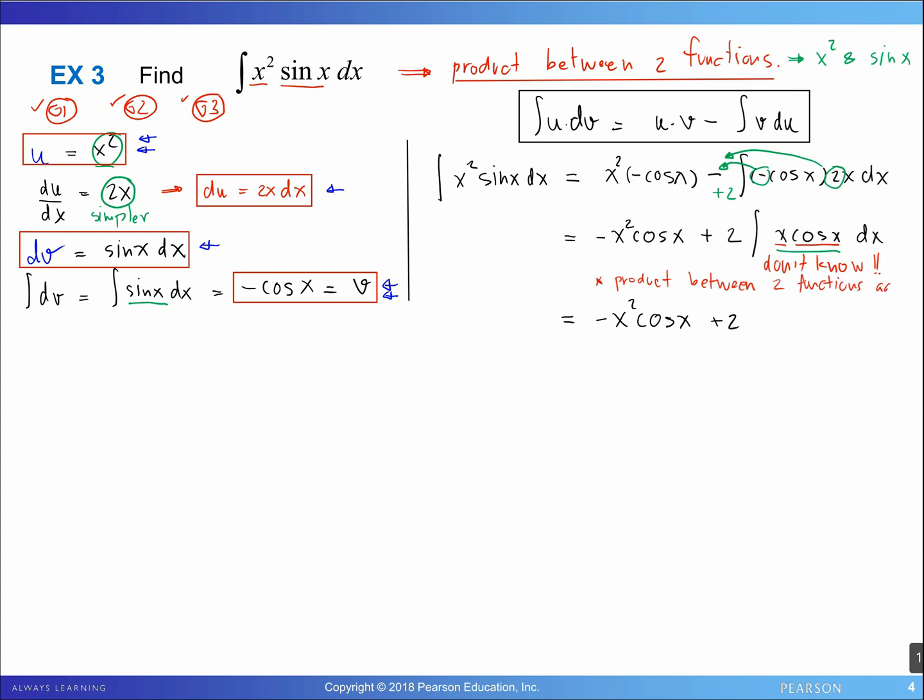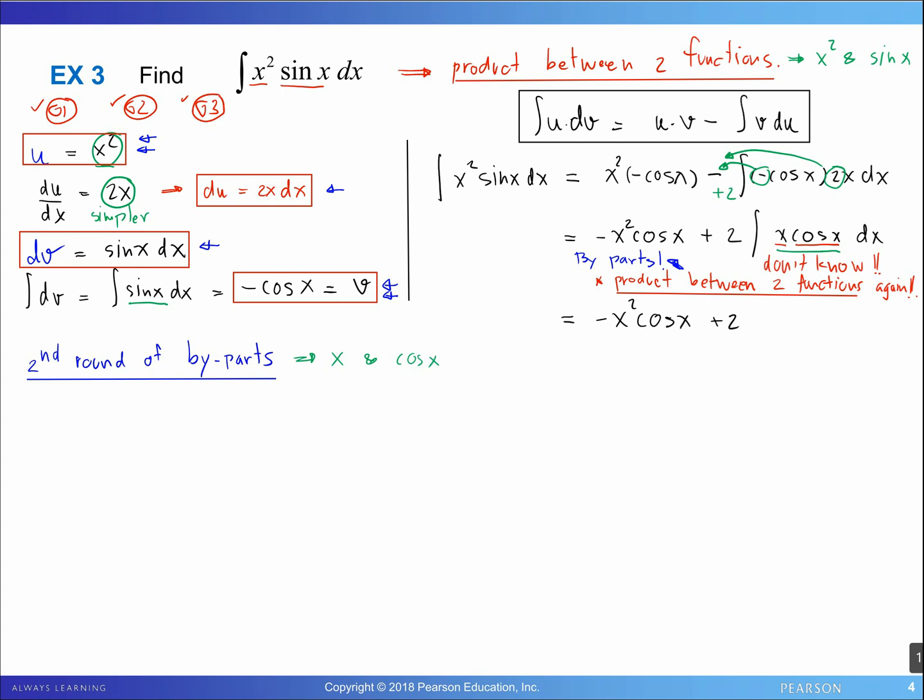Again, with this, we know it's by parts once again. So here we have the second round of by parts with two functions, x and cosine x.